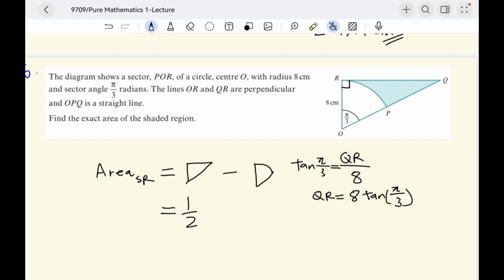Make sure the unit of angle is in radians, as you are using the calculator. So your height is 8. What is QR? QR is the result from the derivation just now.